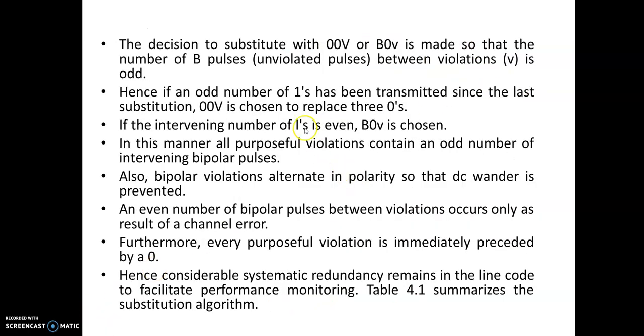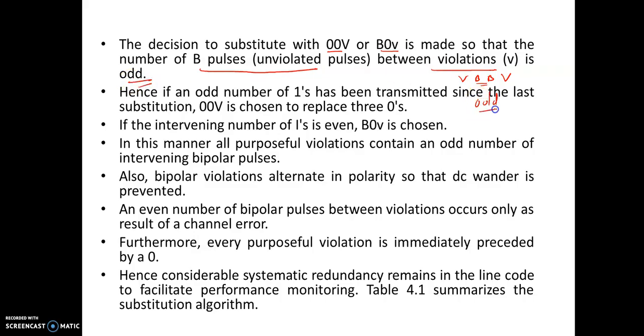Now, the decision, which one we have to substitute, whether 00V or B0V, is made so that the number of unviolated pulses, that is B pulses, the bipolar alterated pulses, between the violations, if you have two violations, should always be odd.